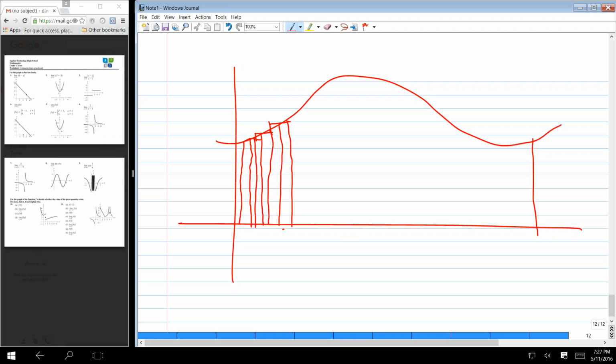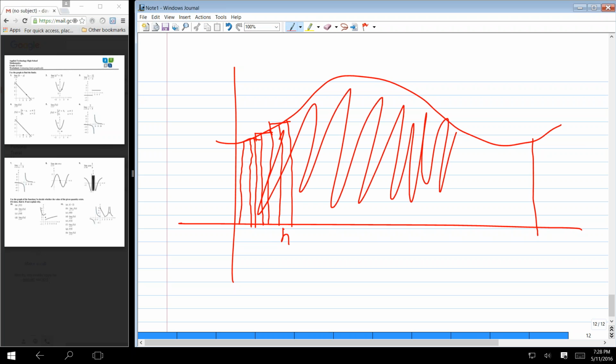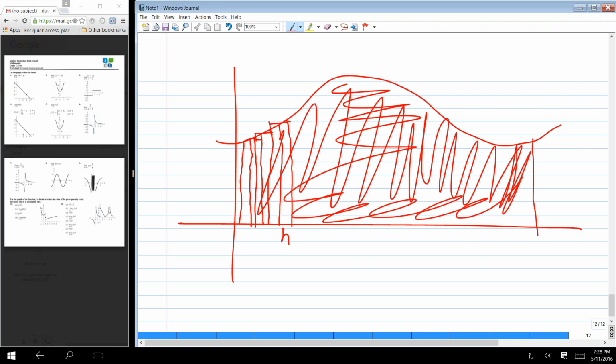Let's call that width H. So if I want the limit of these rectangles as H goes to 0, that actually gives me the exact area under the curve. And area under the curve is one of the classic problems of all time.